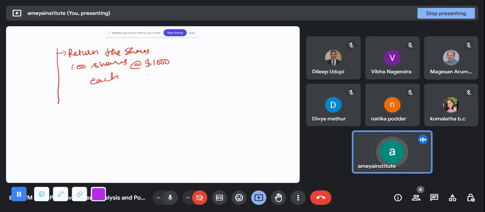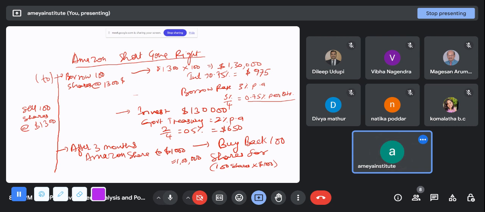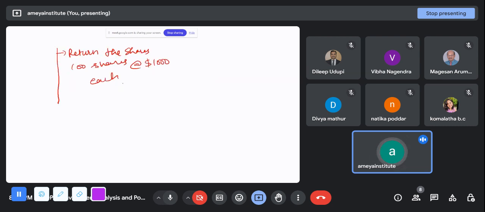Now I have borrowed these 100 shares, let's say from my broker, and I am paying him interest of 0.75. Now I am returning those 100 shares to him at $1,000 each. In that case, I have to return the shares along with interest, right? Yes.